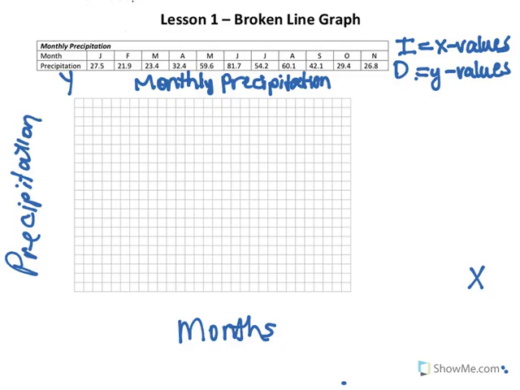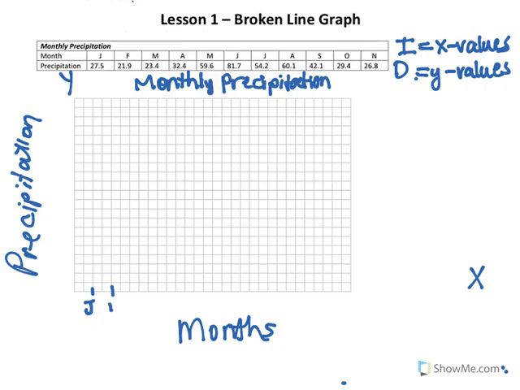Now what we want to do is label it so that it matches our data. So for the months, that's easy. It's going by January, February, March, all the way to November. Let's go every 2 lines is a month.